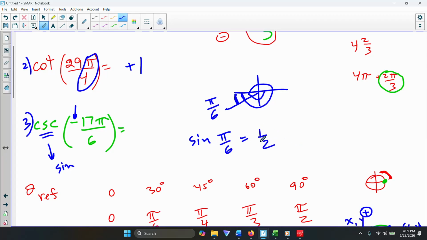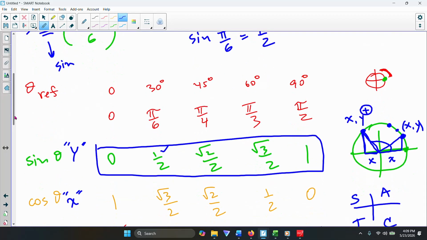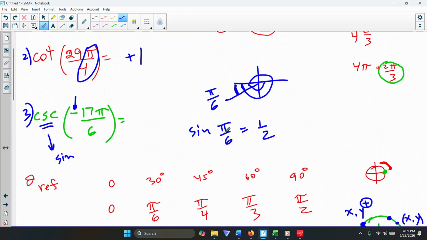It's from the table, one of those you really must know. But since cosecant is a reciprocal of sine, this is 2 over 1, which is just 2. We don't need to write 2 over 1. And in the third quadrant, sine is negative. There's my answer.